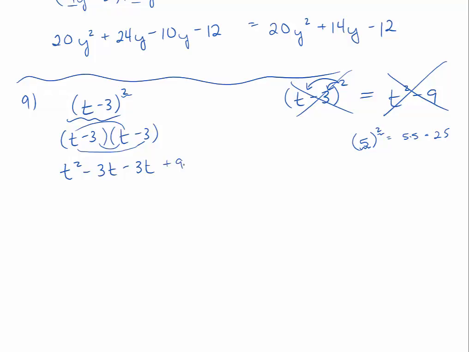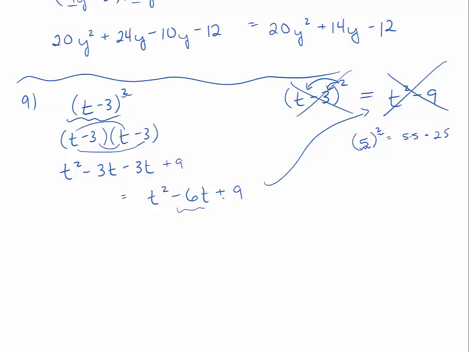After I simplify, the answer ends up being t squared, and then minus 3t minus 3t is minus 6t, plus 9, right? And notice that this is absolutely not t squared minus 9 or even t squared plus 9. It's not that. You don't have this middle term in here.